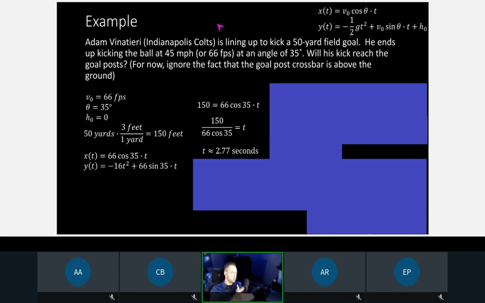So at 2.77 seconds, we don't know if the ball is still in the air, if it touches the ground exactly at that time, or if it's underground mathematically. So part 2, what do we do with part 2?